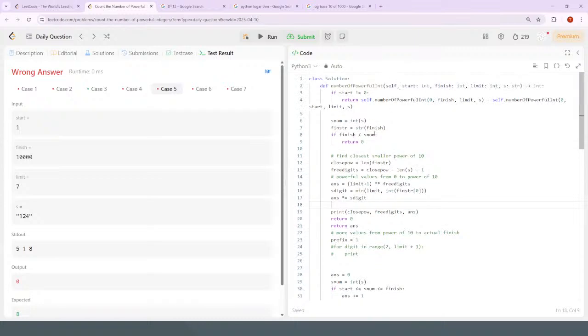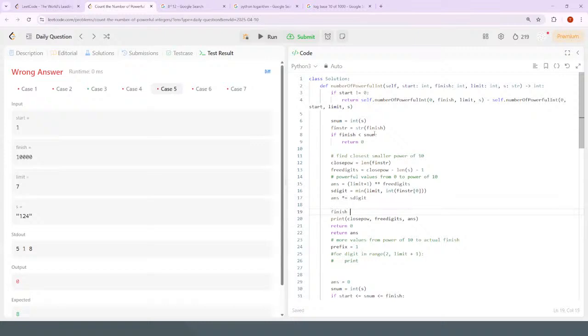So finish minus equals your s digit. Well, can you just crop the finish string?